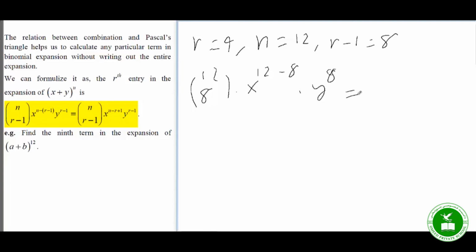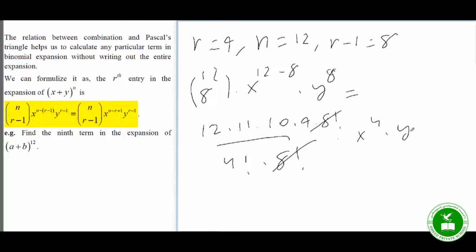And it's equal to combination of 12 from 8. We can write as 12 times 11 times 10 times 9 times 8 factorial over 12 minus 8 factorial, which is 4 factorial, times 8 factorial. 8 factorial and 8 factorial cancel there. Times x to the power of 4 times y to the power of 8.